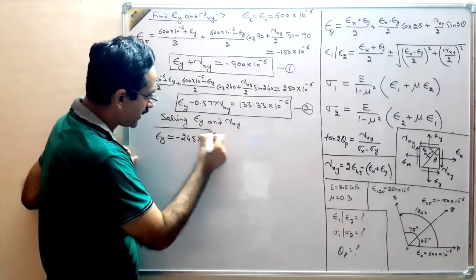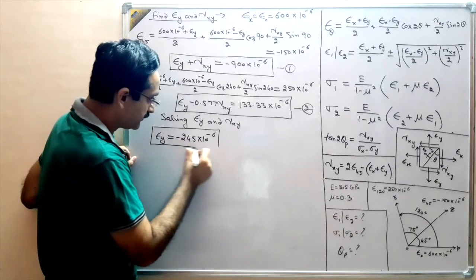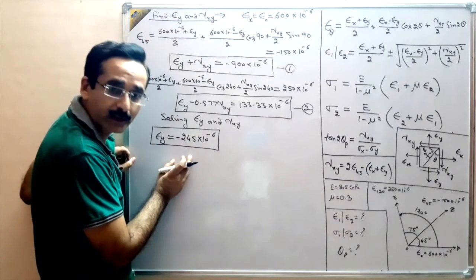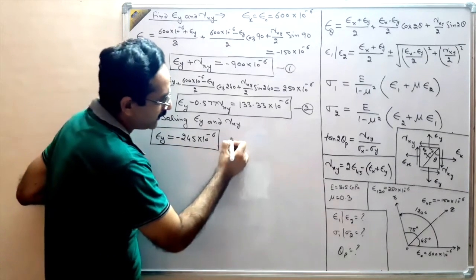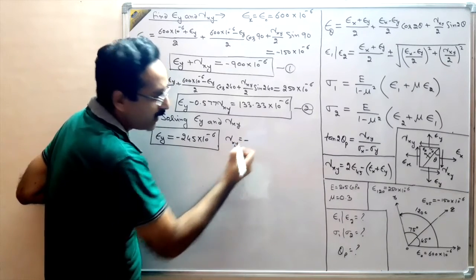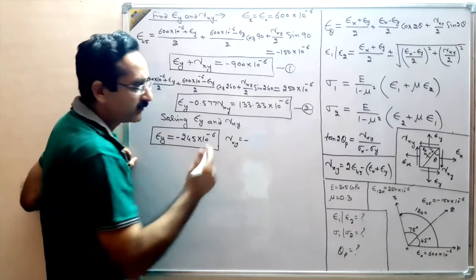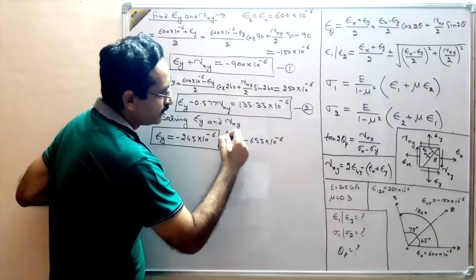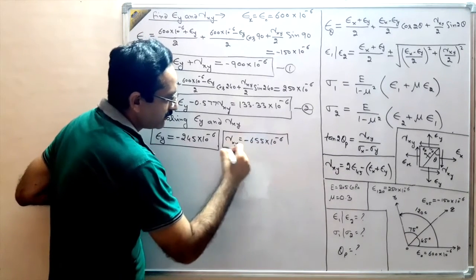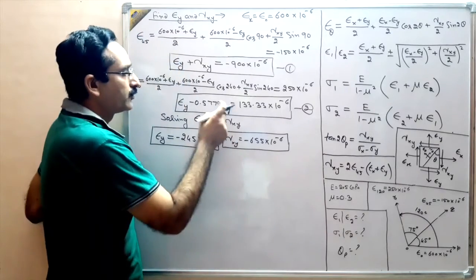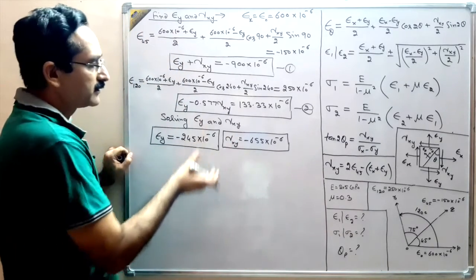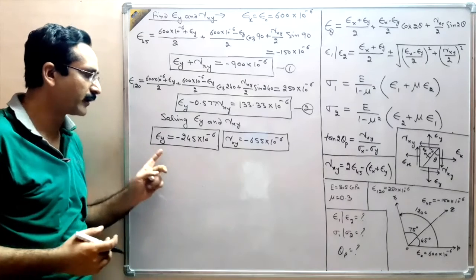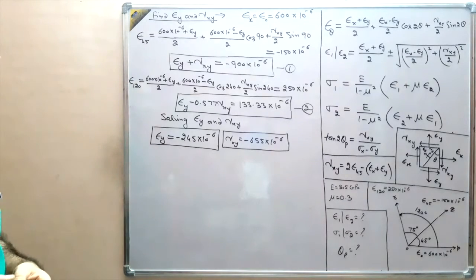This is our epsilon y, which will be used to find epsilon 1 and epsilon 2. And gamma xy will be equal to minus 655 multiplied by 10 to the power minus 6. This is the other unknown, gamma xy. You try it, take your time, use a calculator and find epsilon y and gamma xy.